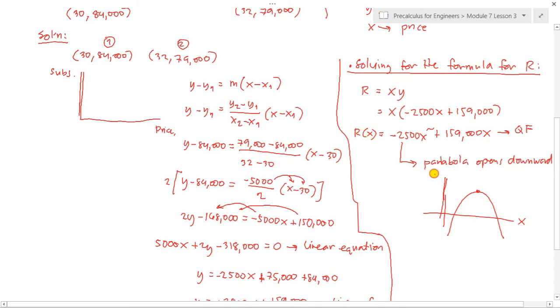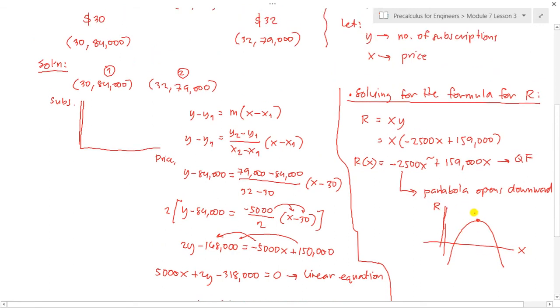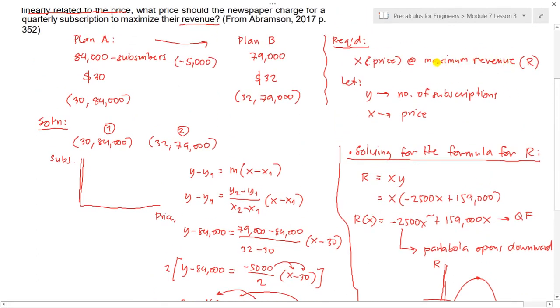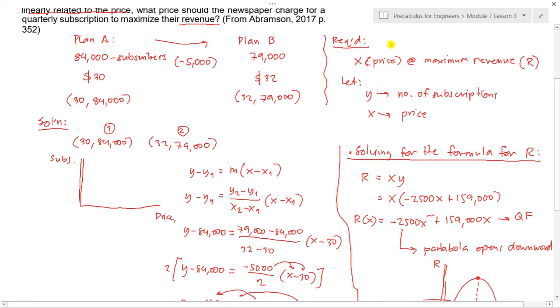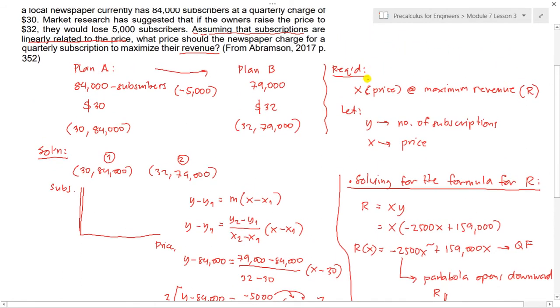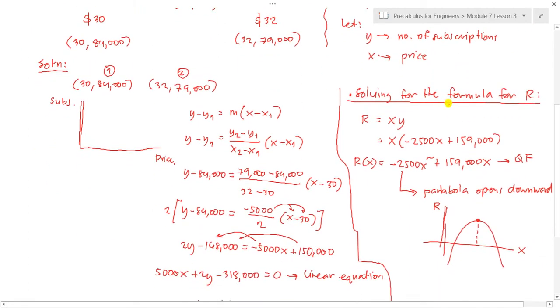So R is now our revenue, and this is x. Again, the vertex is the maximum value of our revenue, which fits our goal of having a maximum revenue. So we need to find the value of R here, and also the corresponding value of x, because the required here is the price of the newspaper at maximum revenue.